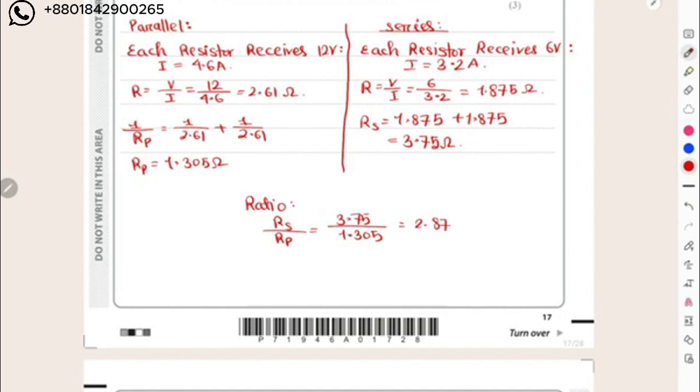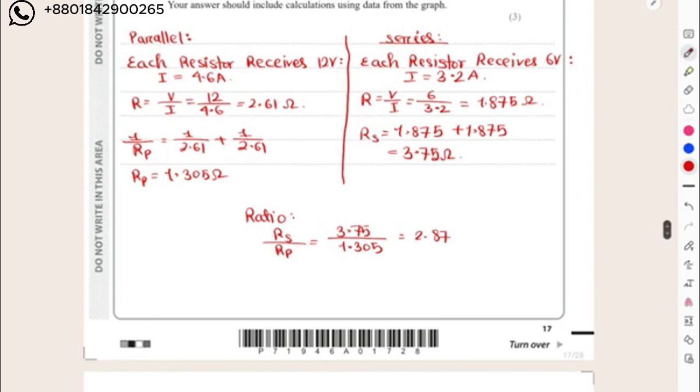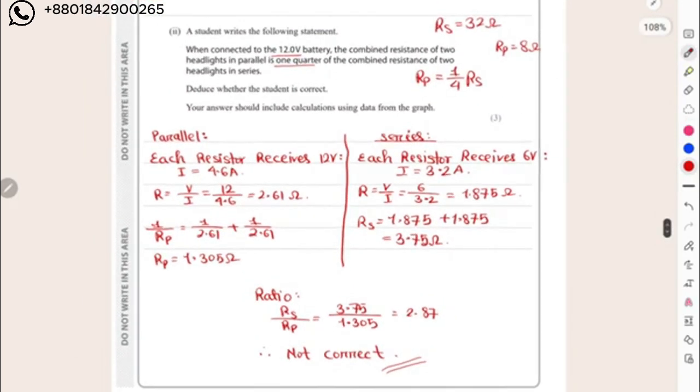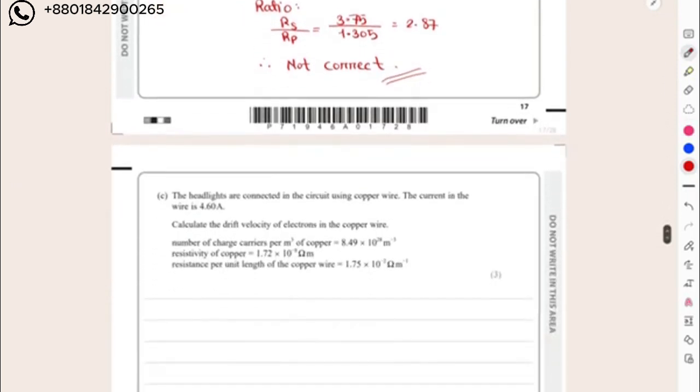This is nothing close to 4 times. So the student was not correct. The parallel combination is not 1/4 of the series combination, so you can just write "not correct" as a final statement. So this was your calculation for 16 part B3. I hope it was clear for everyone. We'll move on to part C.